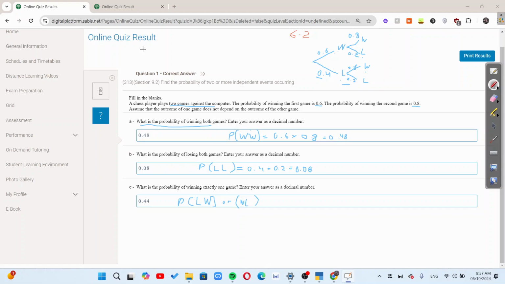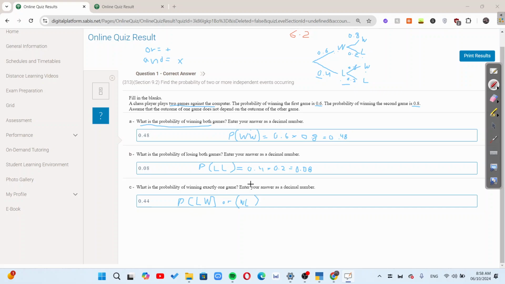When you see the word or, by the way, be really careful. Or means plus, always. In probabilities, or means plus. Never mix them up. And means multiply. So it's lose and win, or win and lose. Don't forget this. If you forget it, you're not going to do well on your exam.